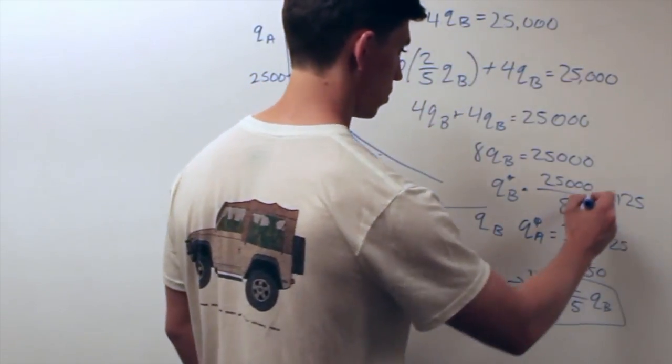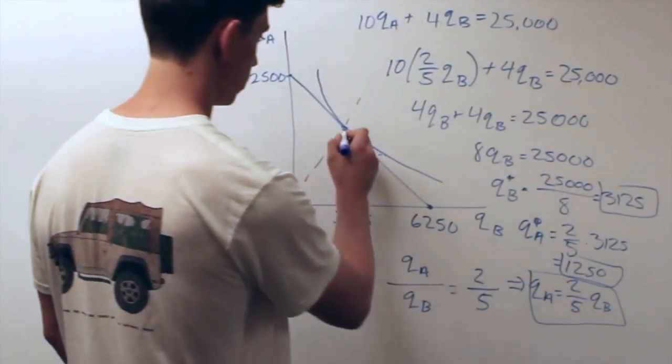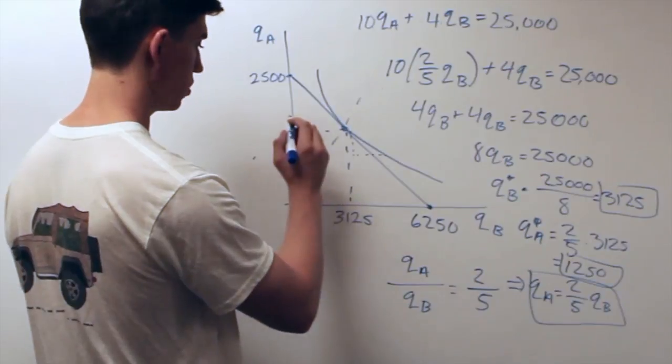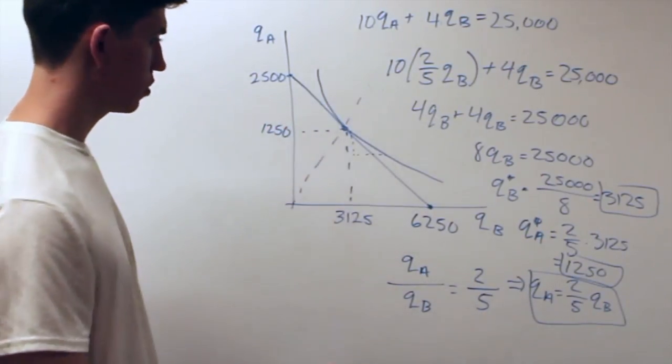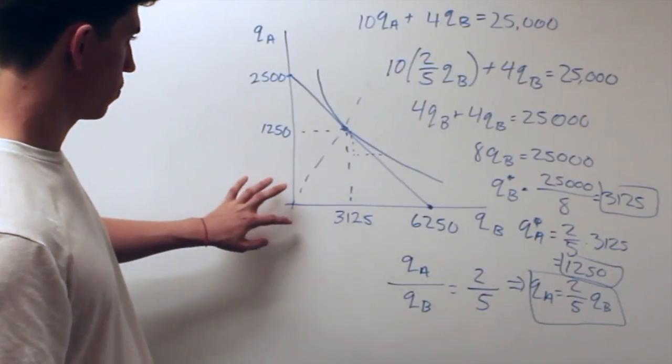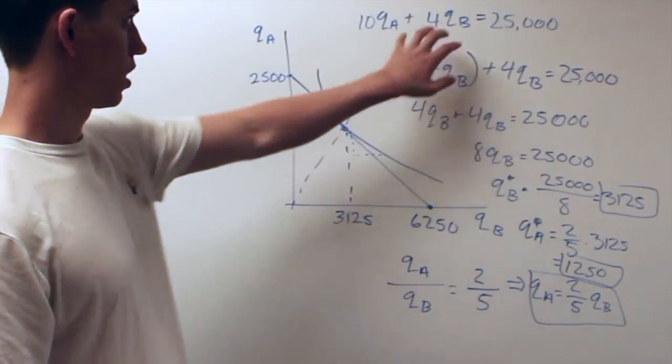So here's our optimal B, here's our optimal A, and this is the corresponding point on the curve, which is 1,250.